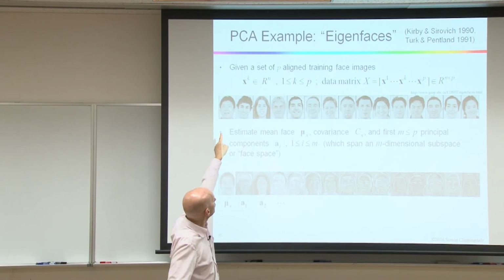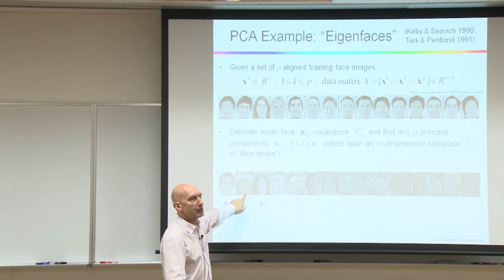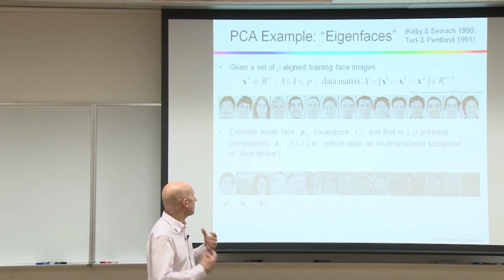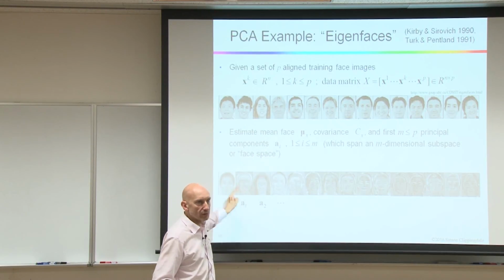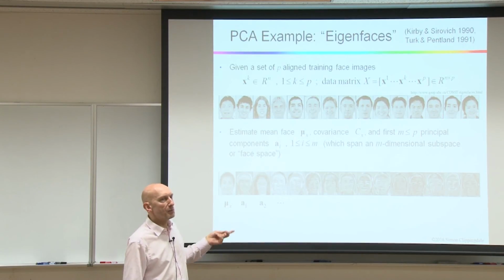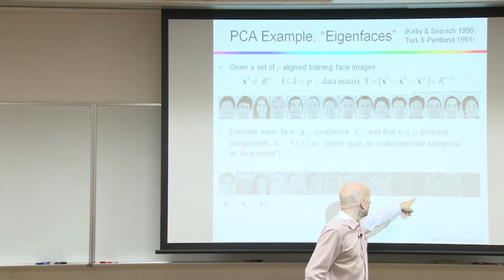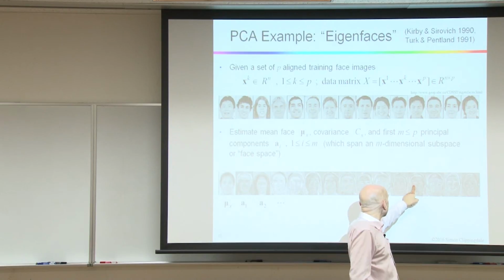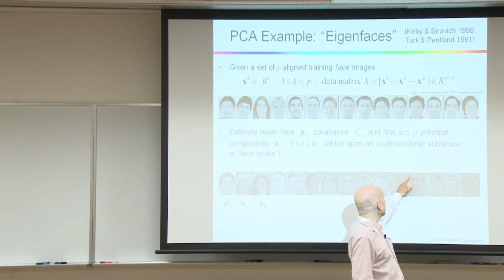If you project all of these training faces onto this image, for example, you're extracting the component from all those images that has a light part here and a darker part down here. The energy in that will be bigger than if you project them all onto, say, this one, which looks like it's light around the eyelids and dark on the eyebrows, and there's even a light, dark, light thing going on up here.